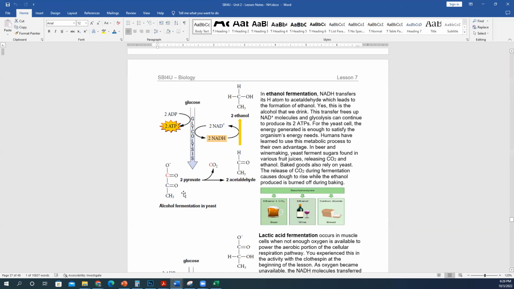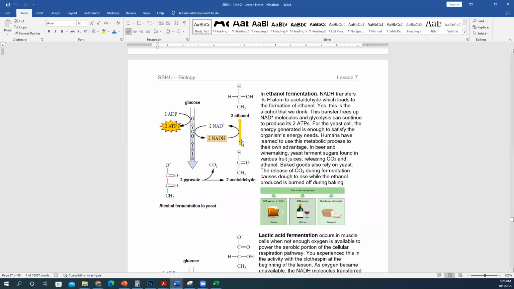We use a different system. But we have taken advantage of the fact that yeast is able to carry out this process, and we use the alcohol fermentation that yeast carry out to make wine and beer, fermenting fruit juices and the sugar in them to produce wine, which contains the ethanol.